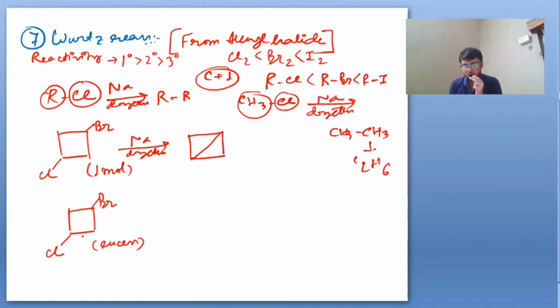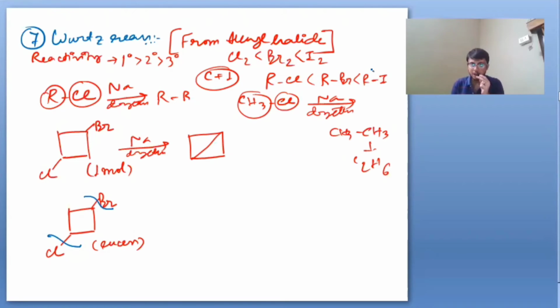But in the third question they have given it as excess. So now the main question is where the reaction will take place, whether the Br bond will get open or the Cl bond gets open. So for that, we have to see the reactivity order. So what is the reactivity order?